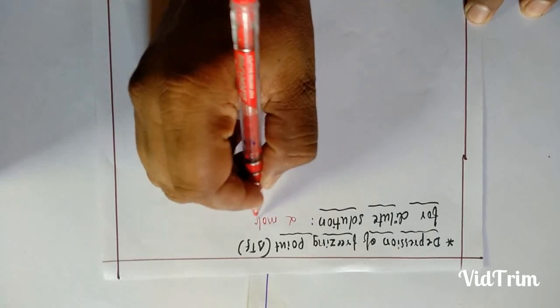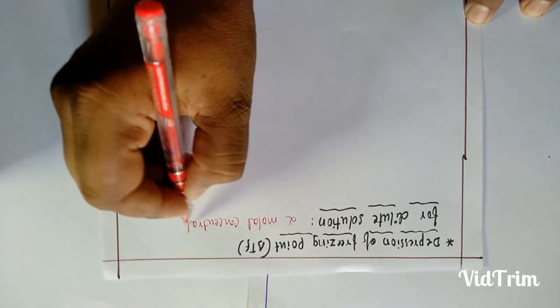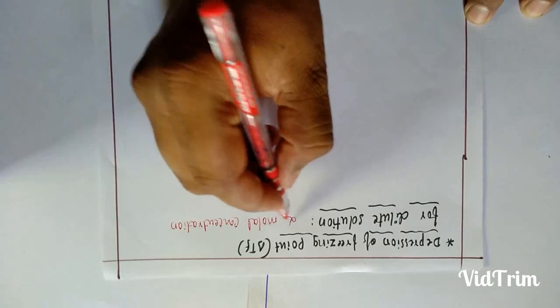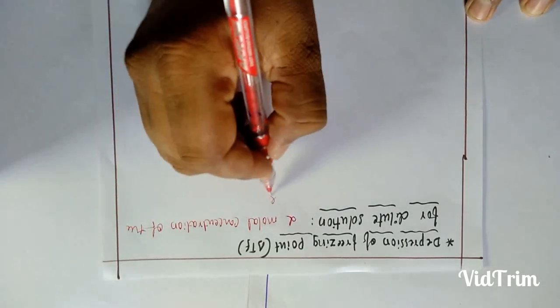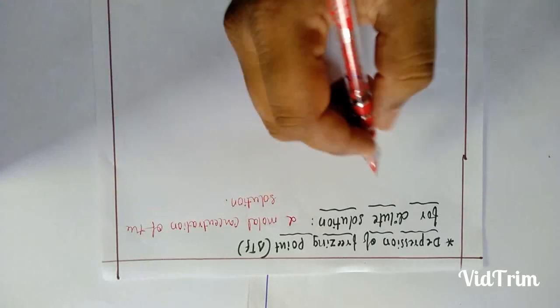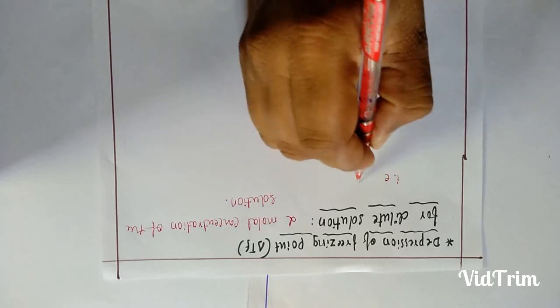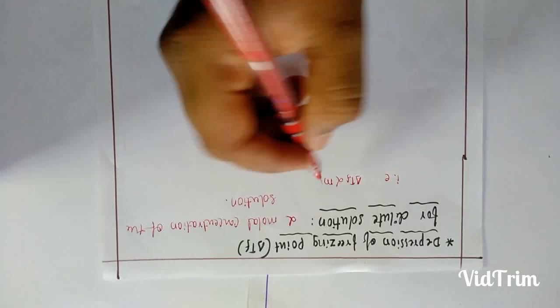It is like elevation of boiling point. Let us see. Depression of freezing point for a dilute solution is directly proportional to the molar concentration of the solution. That is, delta TF is directly proportional to m.